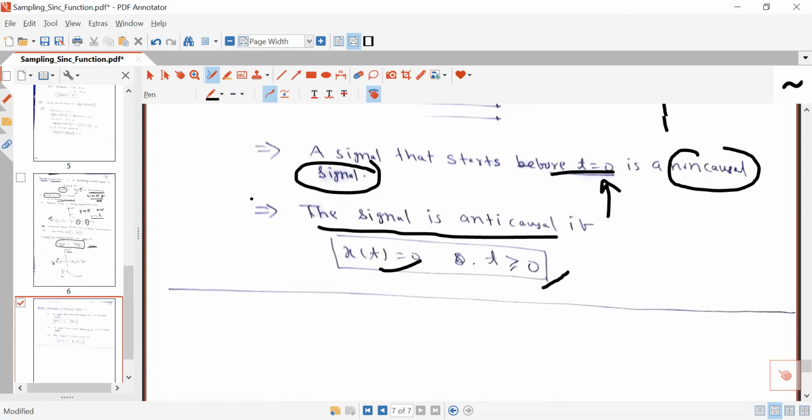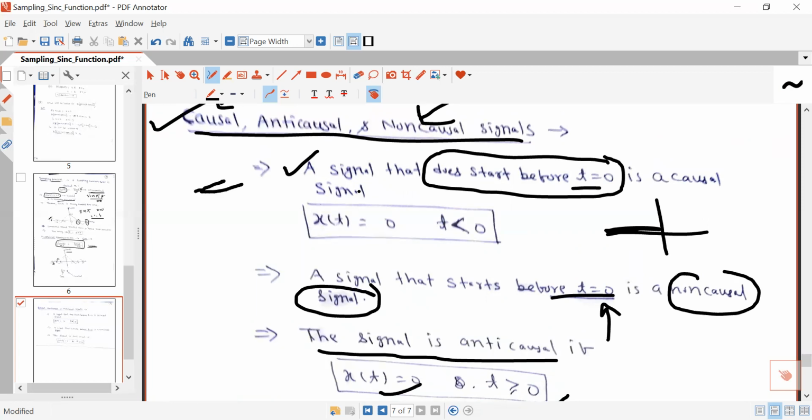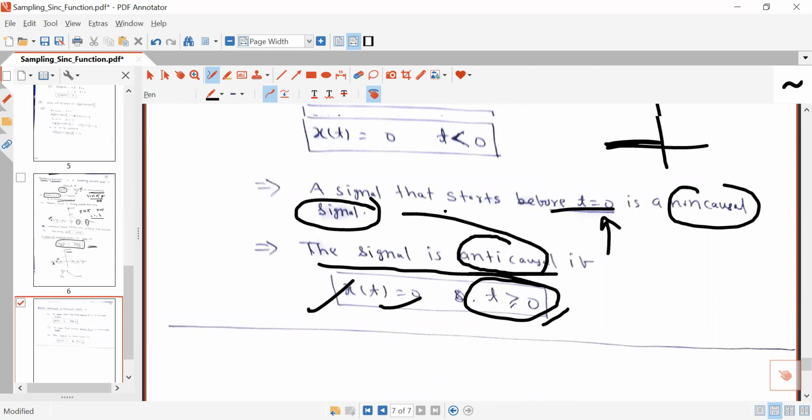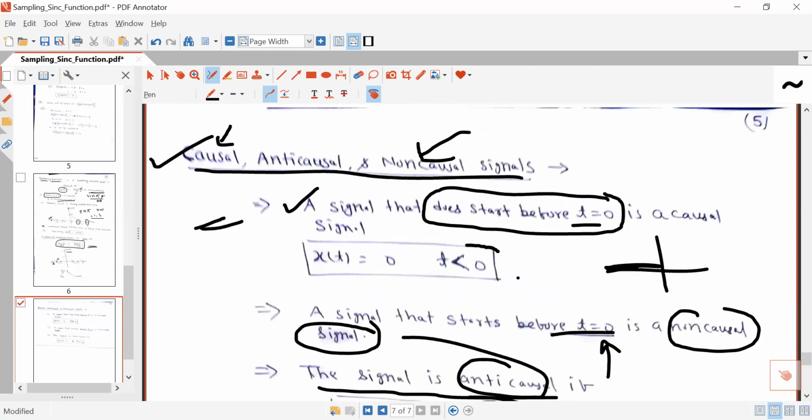It is the opposite of the first statement. A causal signal does not start before t equal to 0, but in an anti-causal signal, x(t) is 0 for positive values of t. For t less than 0, x(t) being 0 is causal. This is the difference between causal, anti-causal and non-causal.